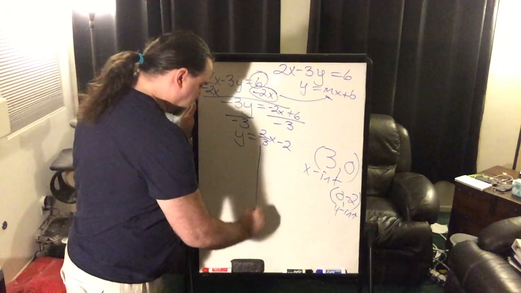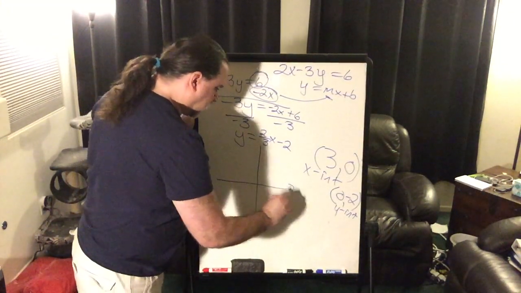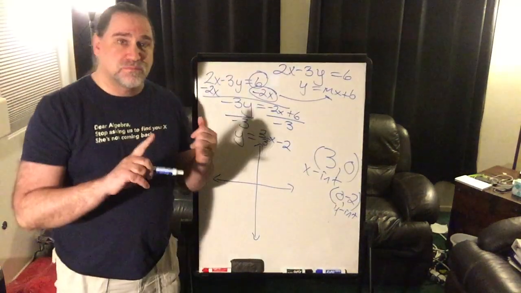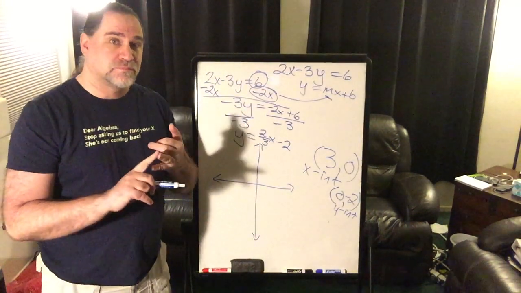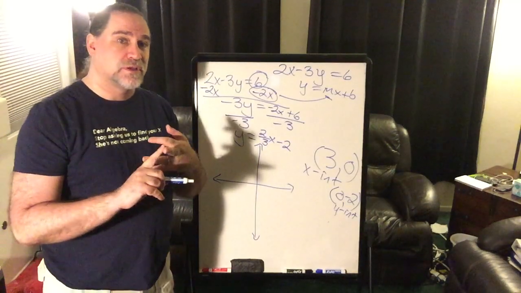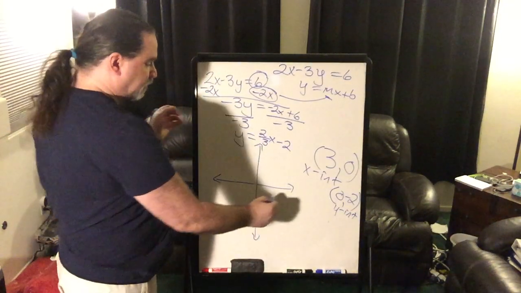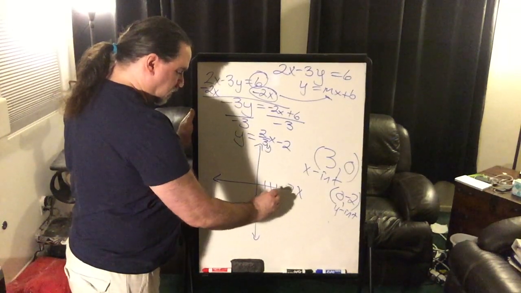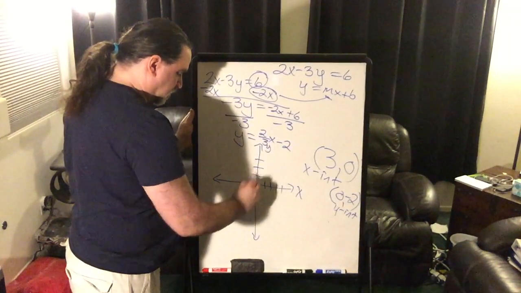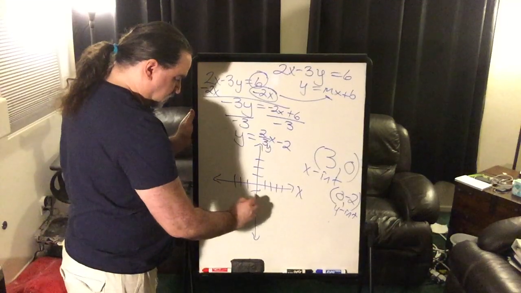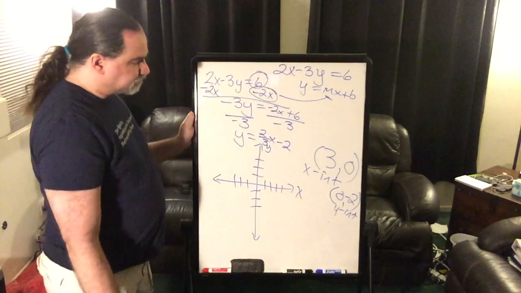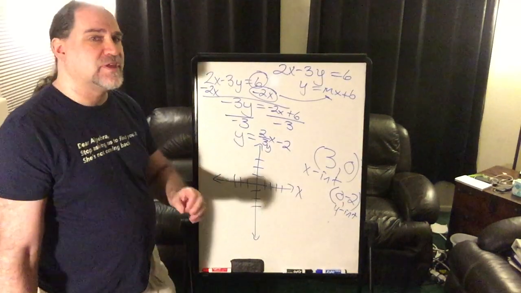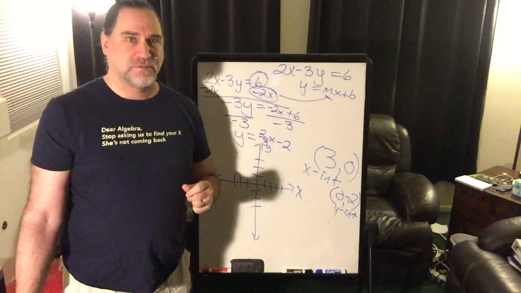But now we're going to put together everything we know about slope, intercepts, slope-intercept form of a line. So I have my x and my y. Here's how we do it. Here's how we can graph this.